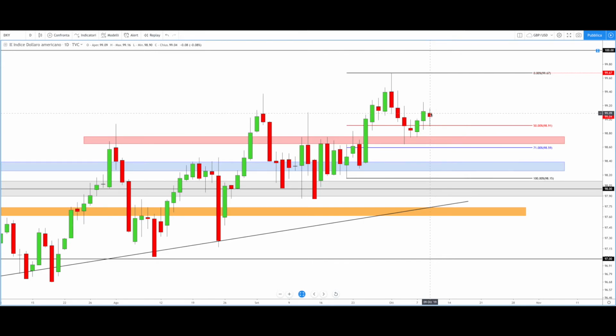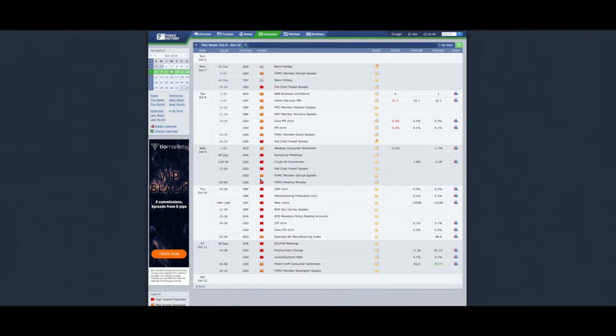But for now guys, I prefer not to make any analysis on this pair. Personally, I think that the main scenario remains bullish on this pair, but obviously we need to watch the macroeconomic situation carefully.